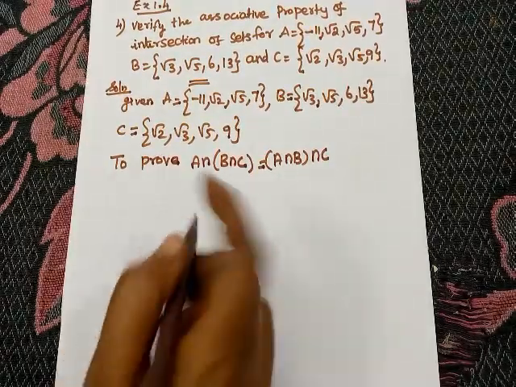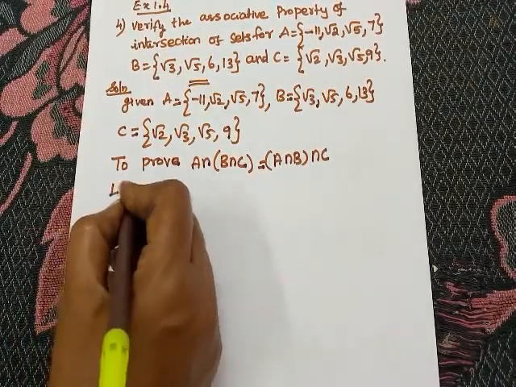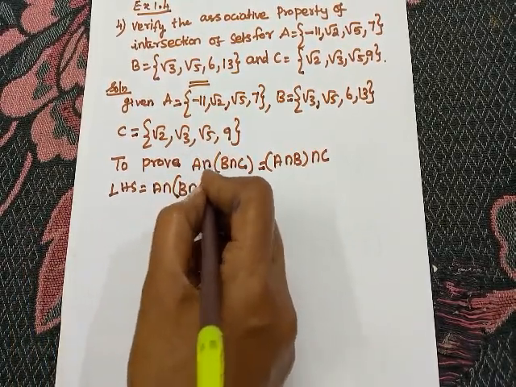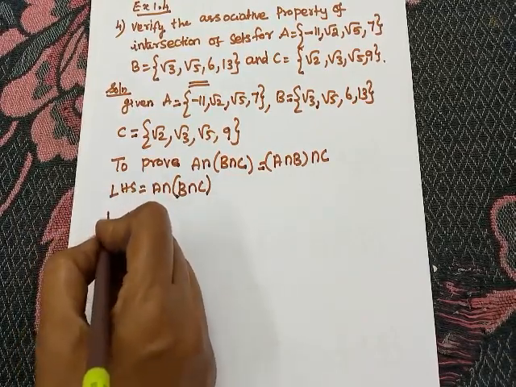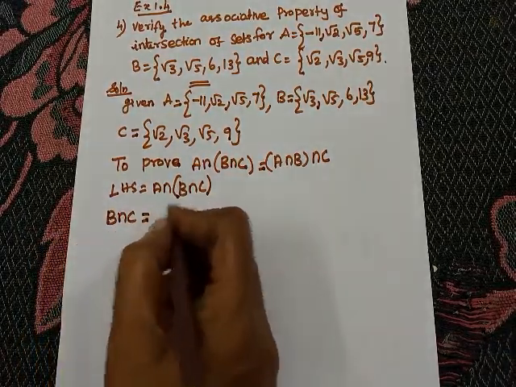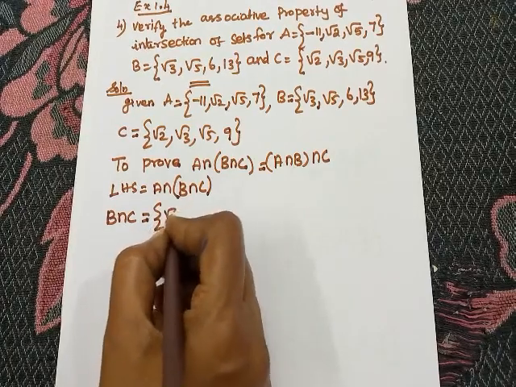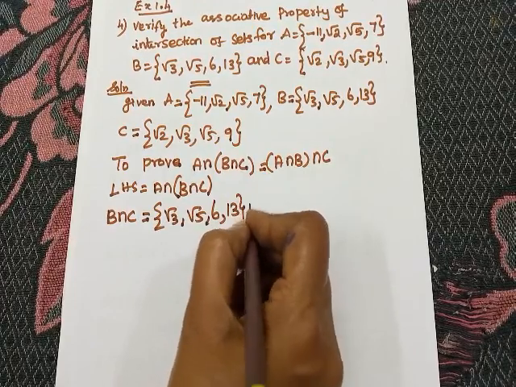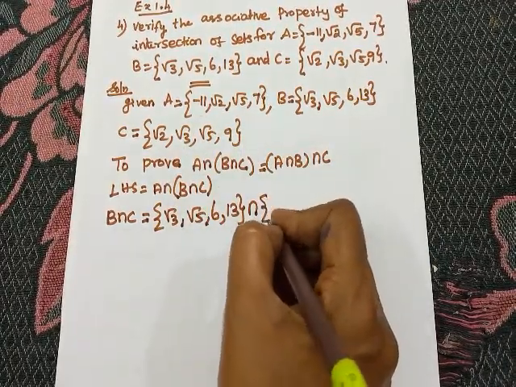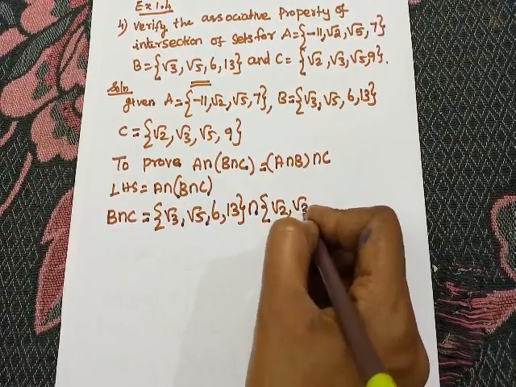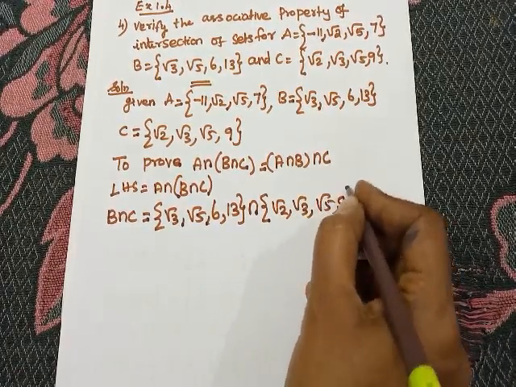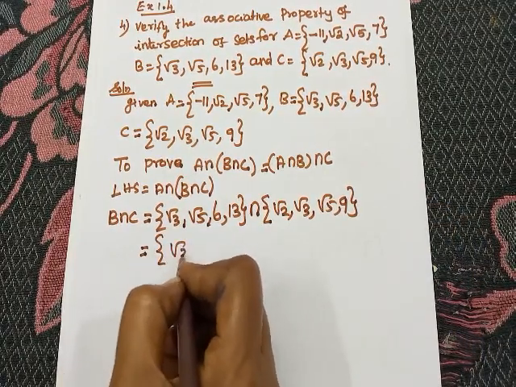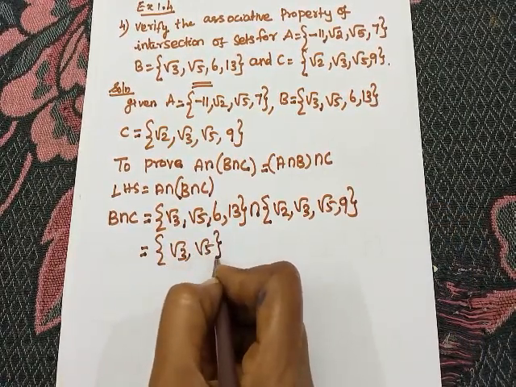First, the LHS. LHS is equal to A intersection (B intersection C). First, inside the bracket, B intersection C, we are going to find: B set, that is {root 3, root 5, 6, 13} intersection C value. What is the C value? {root 2, root 3, root 5, 9}. Now the intersection part, the common values of both: root 3 and root 5 are common.